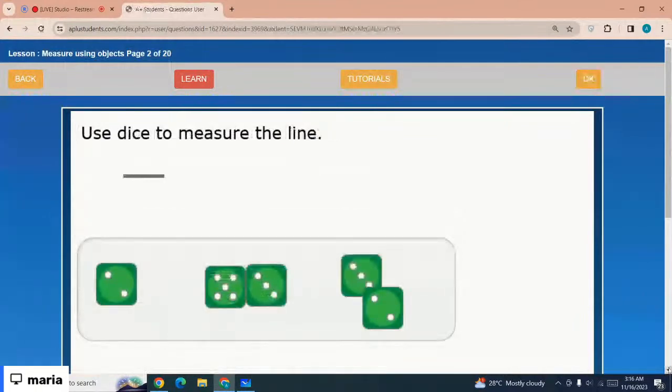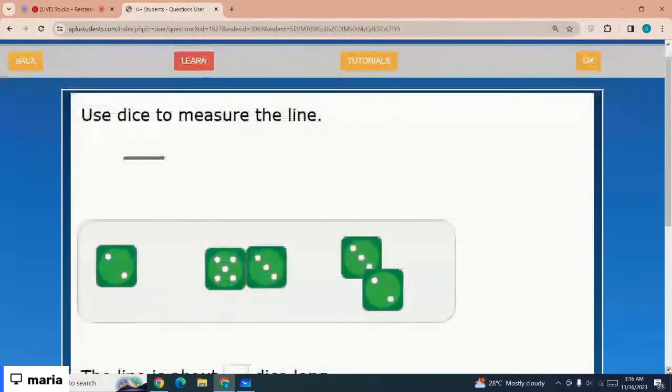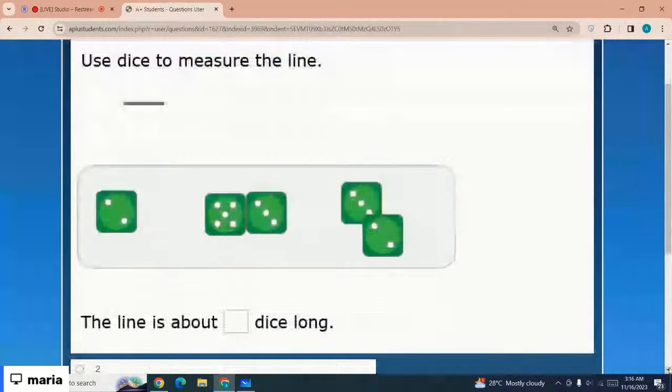Okay, use dice to measure the line. The line is about dash dice long, which is the correct option. Only one dice long, right? The correct option is 1.